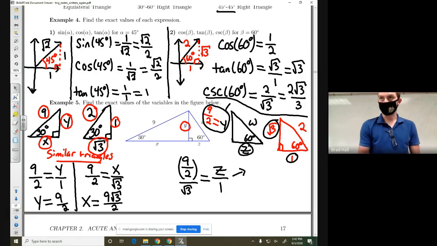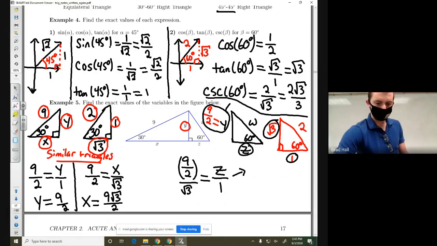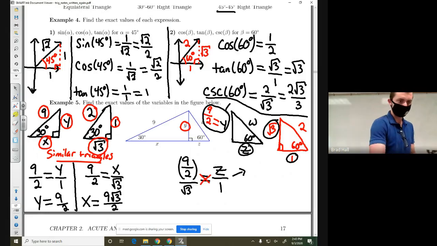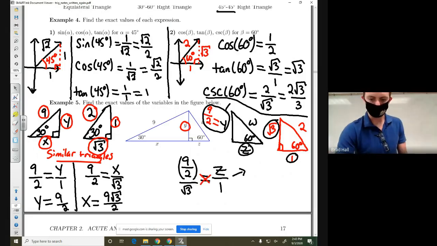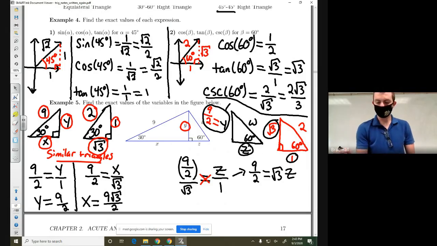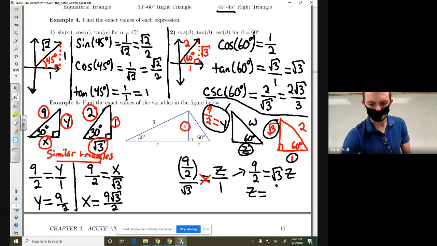I don't really like complex fractions, so if you cross multiply here, it'll kind of work itself out a little bit. 9/2 is equal to square root of 3 times z. And then by dividing the square root of 3 on both sides, you would get that z is equal to 9 divided by 2 square root of 3.